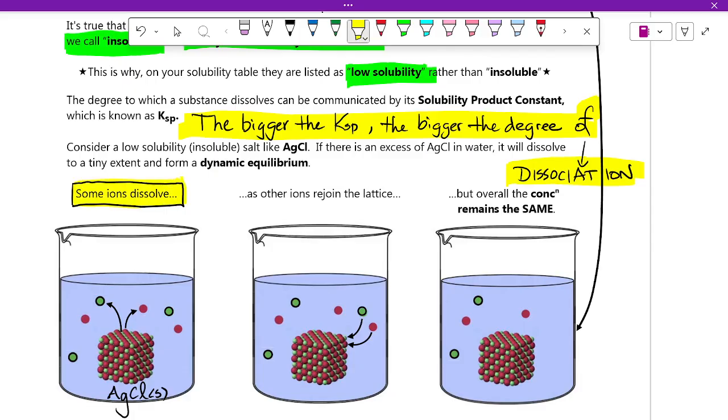However, because we have reached a state of dynamic equilibrium, every time one set of ions dissolves, another set of ions recrystallizes. Okay, rejoin the lattice.